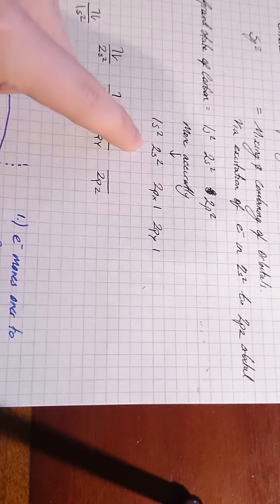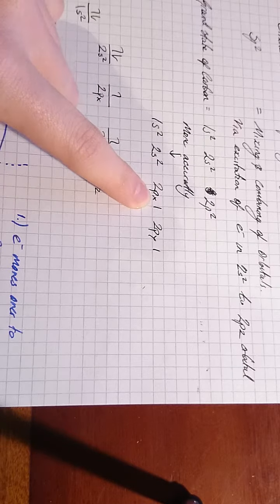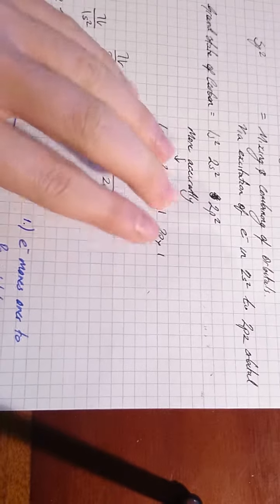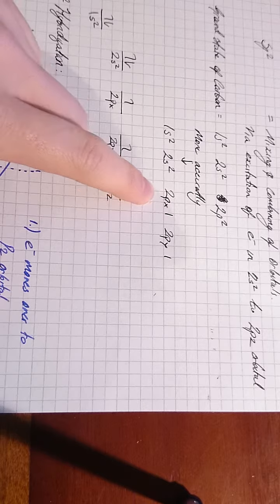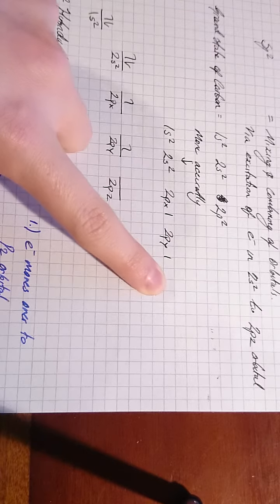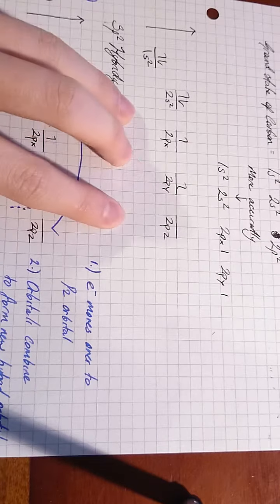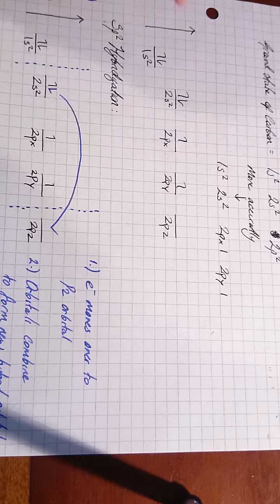However, more accurately, this can be described as 1s2, 2s2, 2px1, and 2py1. This is because the p orbitals have 3 different shapes, which is x, y, and z. As you can see, this is the ground state of carbon here.